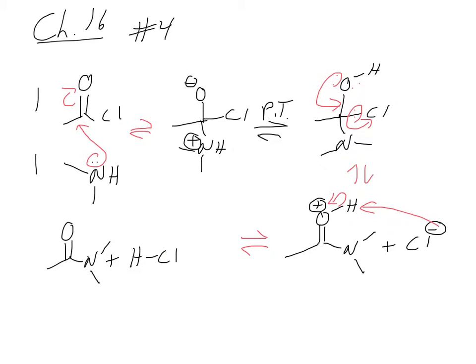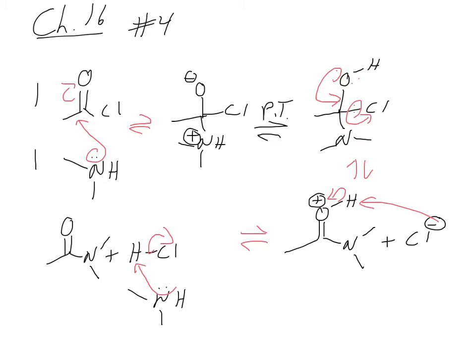And so what they're looking for here, and I had it in the solutions manual too, is essentially drawing leftover starting material, the amine. So imagine if there's any more amine around. It's going to react with the HCl because the HCl is so much more delta plus than the carbon of the carbonyl. And at that point, what's going to happen?